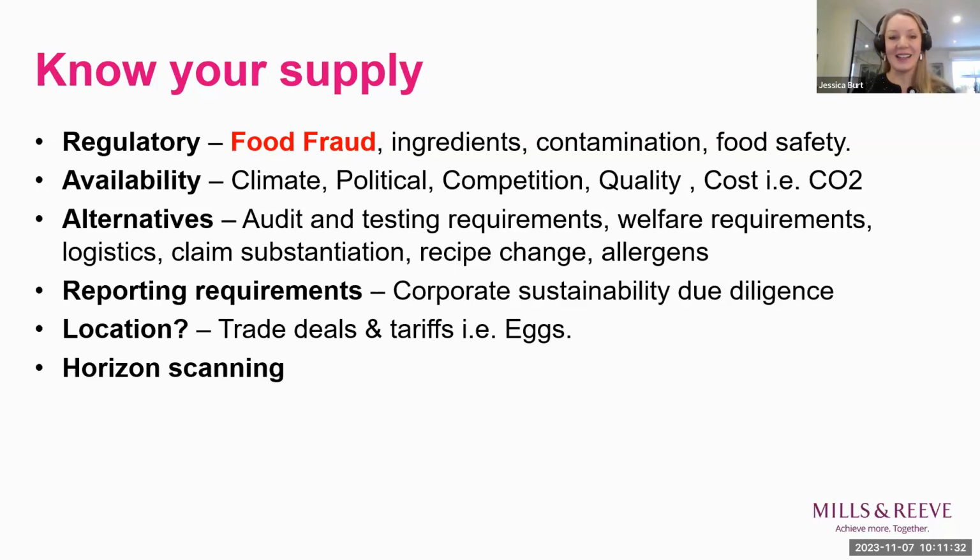eggs here, and this was one example where the price of eggs has fluctuated so enormously, and the regulatory restriction on battery chickens, when that came into the EU, it caused a spike of 75% on the price of eggs.